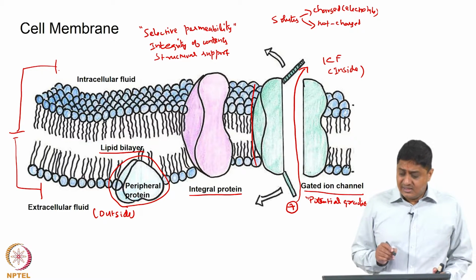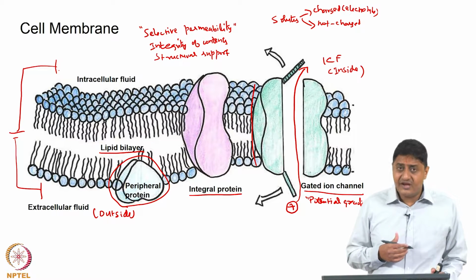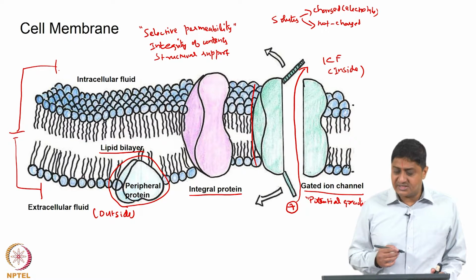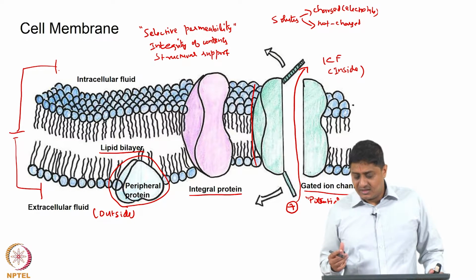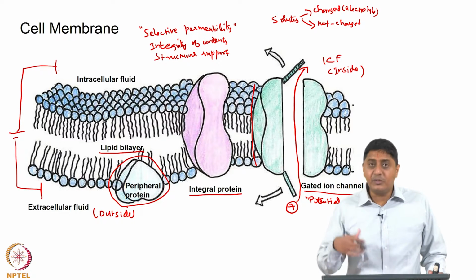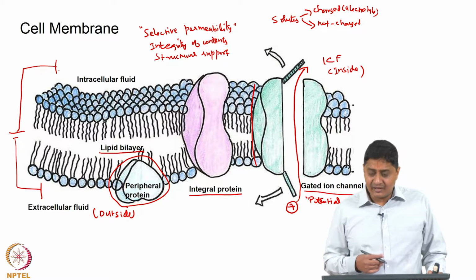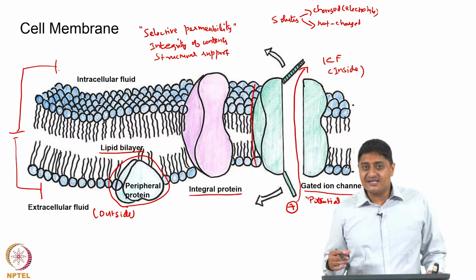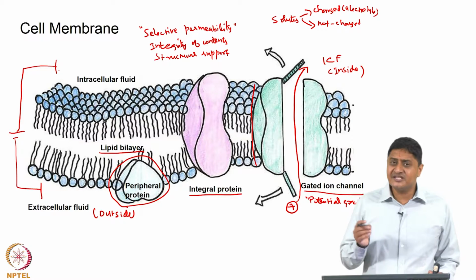In that case, the non-charged particles or non-electrolytes will not be affected by the potential gradient, but the charged particles will be. If the inside of the cell has a higher potential when compared with the outside, then it is difficult for a cation, a positive charge, to move inside from outside, because the inside is already at a higher potential. This is just an example.